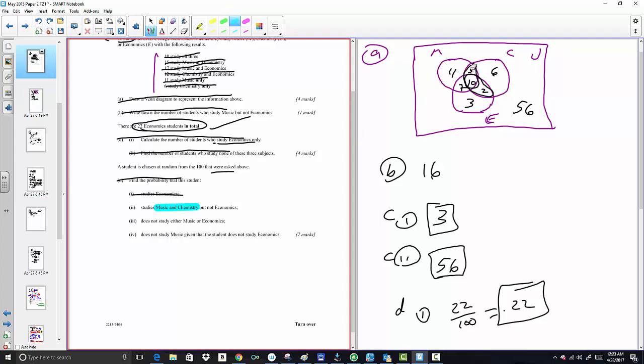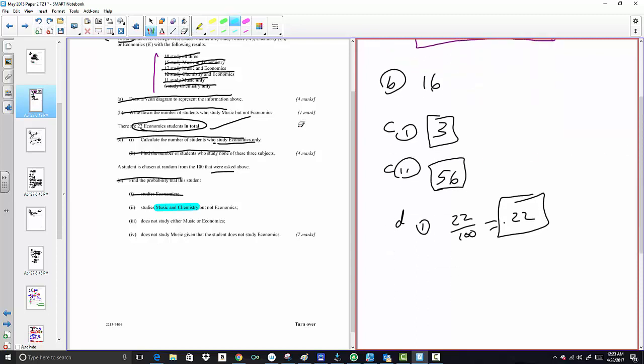So they can study music and chemistry, but not eco. So it's actually just this 5 that they're looking for. That's that answer. It's just the 5. And it's kind of confusing because a lot of people are bubbling all of the music and all the chemistry. But that means music or chemistry, not music and chemistry. The words are important. So part 2 here, this is actually just 5 out of 100, which is 0.05 or 5%. And that will be your adequate answer.